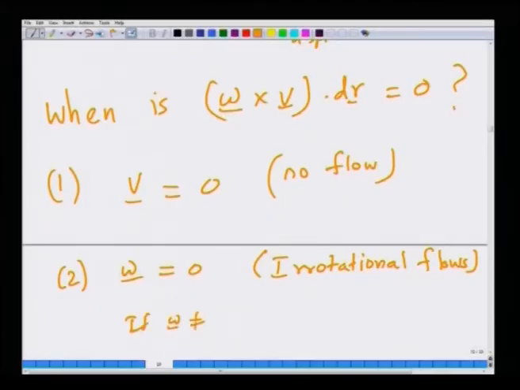It does not tell you about the rigid rotation of the entire body of fluid, but if omega is non-zero, that means about a given point in fluid, the neighboring points undergo a rotational motion. If omega is 0, no such thing exists. That is why such flows are called irrotational flows.